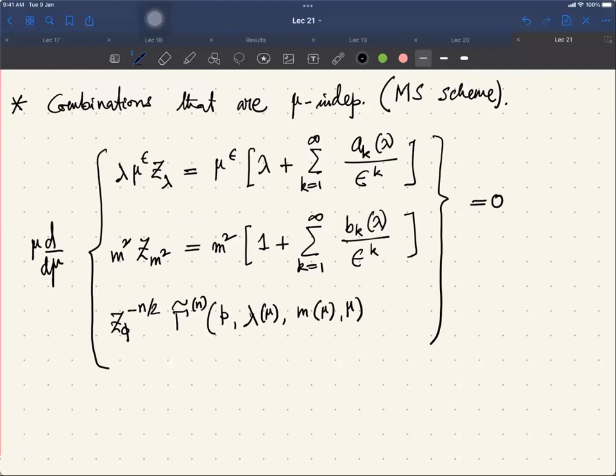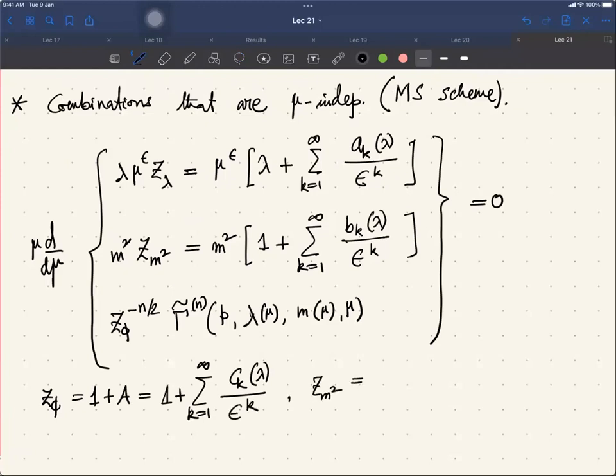Let me specify the relation between these quantities z phi, zm squared, and z lambda with the counter terms a, b, and c, the way it was defined in the previous lecture. So z phi is equal to 1 plus a, which is equal to 1 plus sum over k of ck lambda over epsilon to the k.